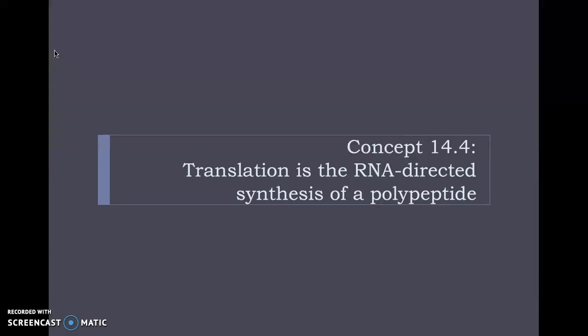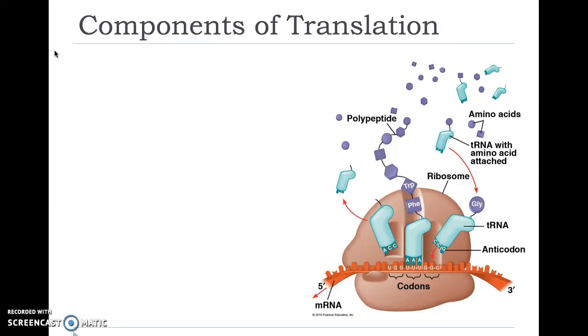Translation is the actual building of the polypeptide chain from RNA. There are three important components of translation, or three molecules that you need to be familiar with. mRNA is messenger RNA, which we learned in transcription is made from the DNA template.